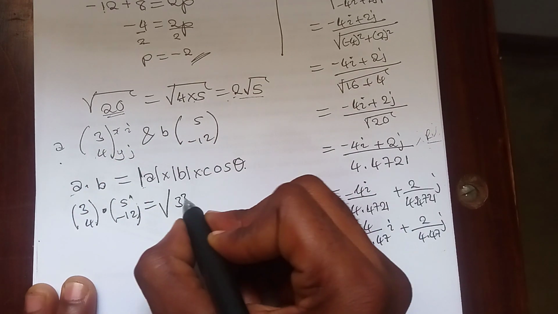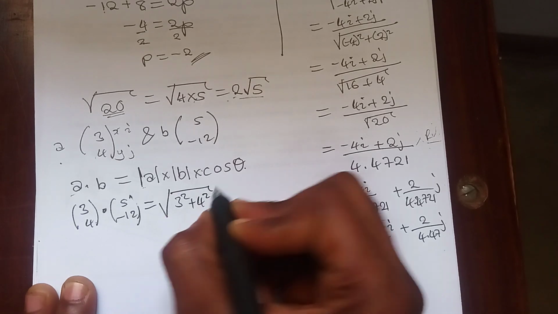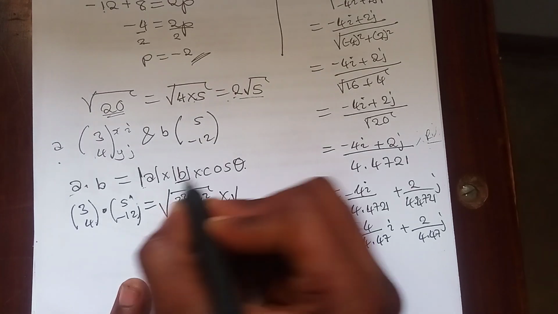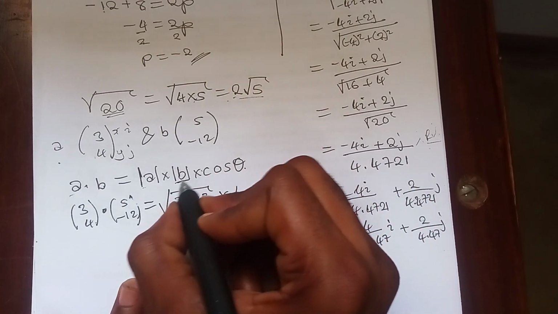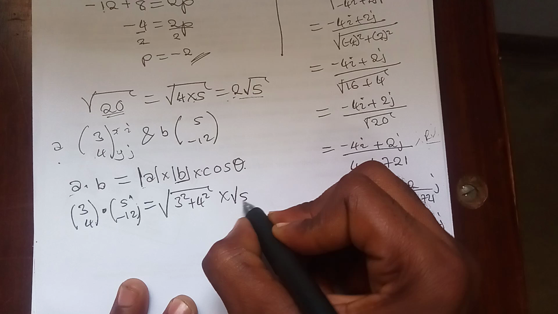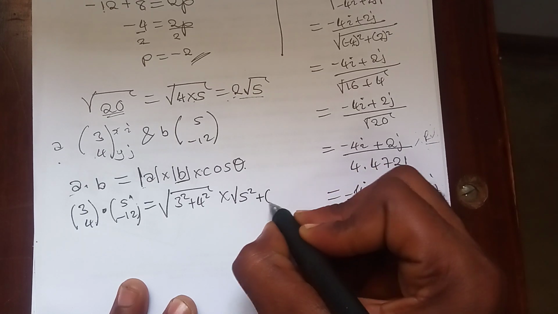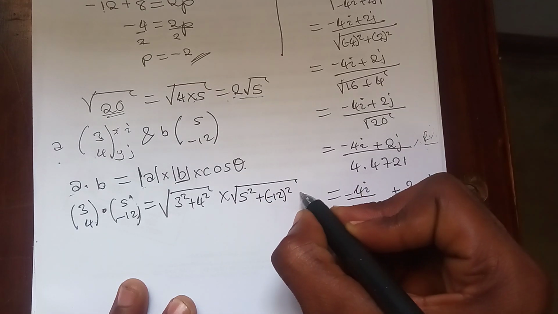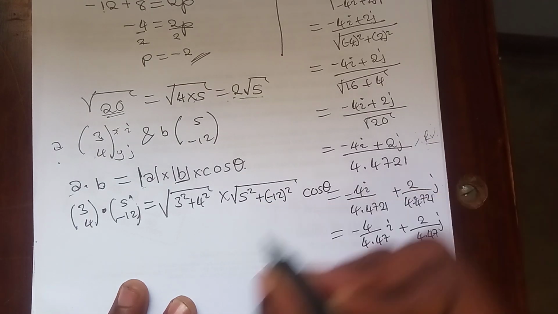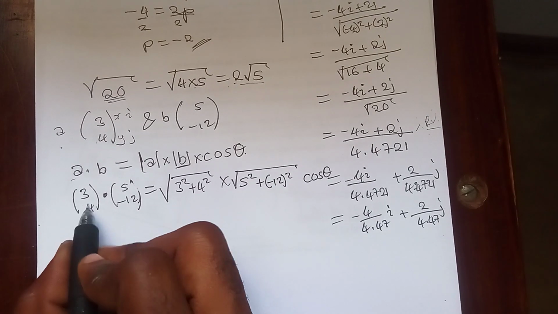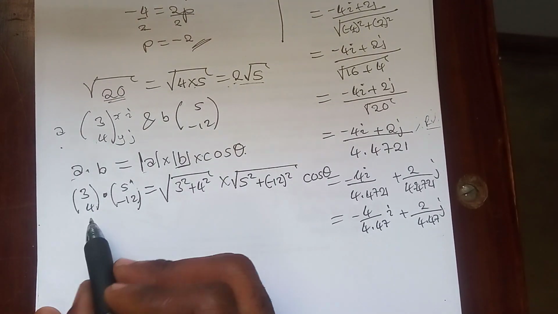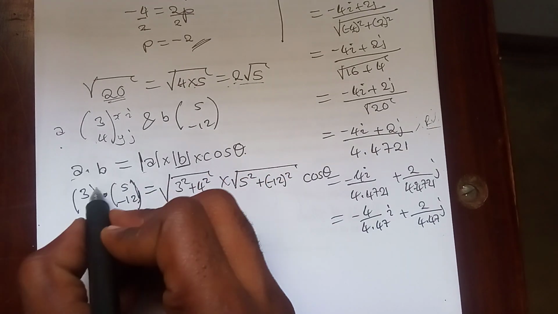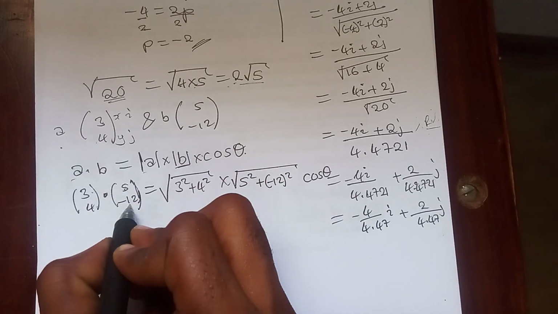So we have the square root of 3 squared plus 4 squared, then multiplied by the square root of the components of this: 5 squared plus minus 12 squared, and then cos theta. Now to multiply these two, I know they look like matrices, but they are not. These are vectors.